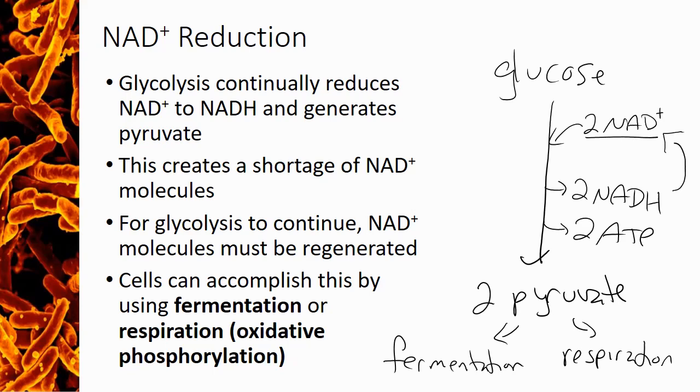If it funnels towards respiration, then the molecule will be further broken down and more energy will be released. The determining factor for which branch is used is a functioning electron transport chain. So if there is an electron transport chain running in the cell, pyruvate will funnel towards respiration. However, if there is no electron transport chain, then fermentation will be used instead.